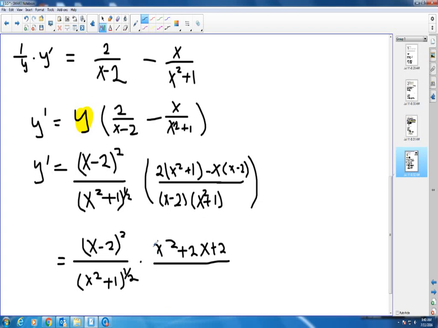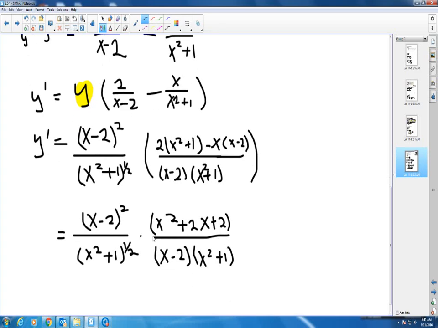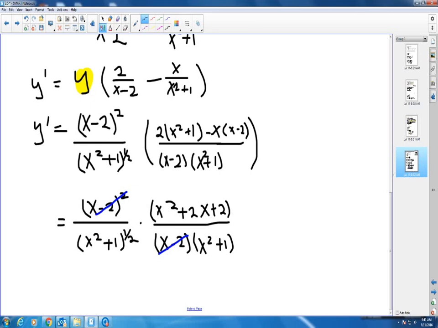Over down here, let's do the same thing. I got x minus 2 squared on top. One of them can cancel with the x minus 2 in the bottom. So that leaves me with x minus 2 on the top, times my x squared plus 2x plus 2.